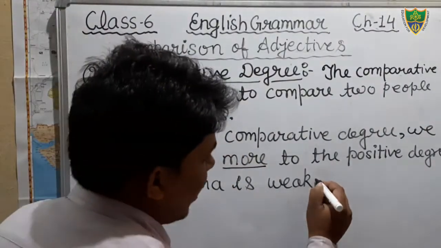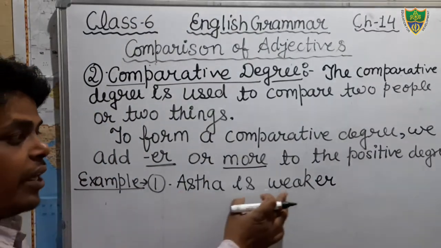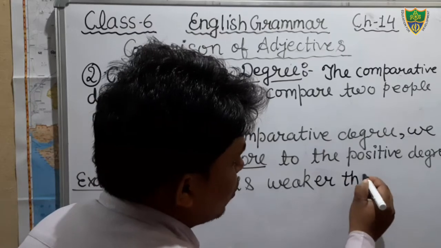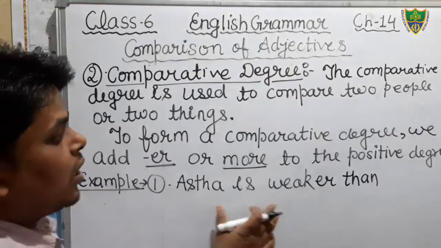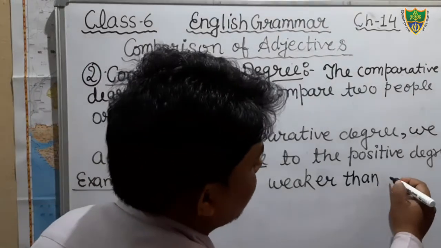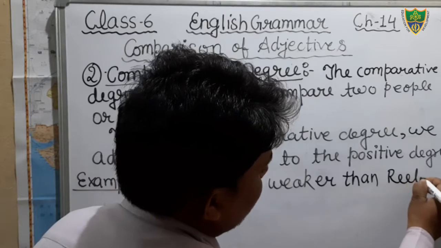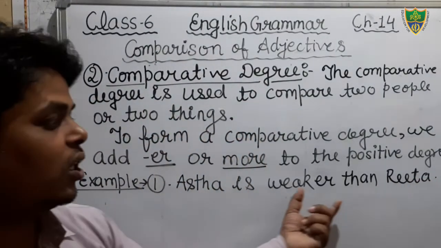So here we will add ER, it becomes weaker. Okay, Astha is weaker. Dear students, when we compare two people, we use than. Astha is weaker than Rita.